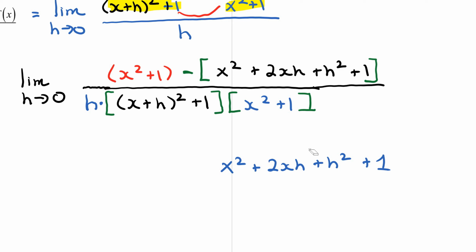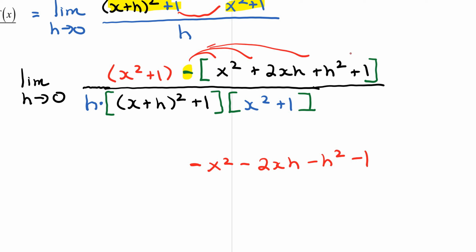Okay, and then we notice that there's a minus sign here, and that will distribute into everything in the brackets there. If we distribute the minus sign, we get negative x squared minus 2xh minus h squared minus 1. All right, so that's what happens if I distribute that minus sign into every single term in that bracket.